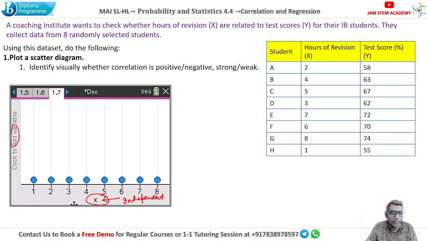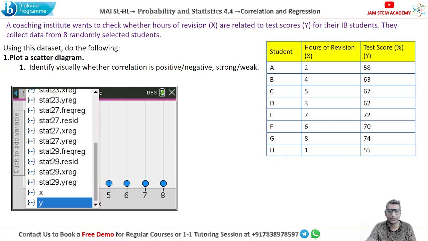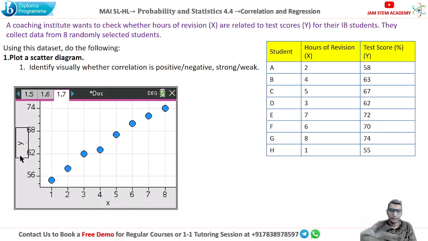And along the Y, click here and select your dependent variable. In my case, it is Y. So I will select Y over here. Once I select Y for the vertical, yes, this is my final scatter diagram.